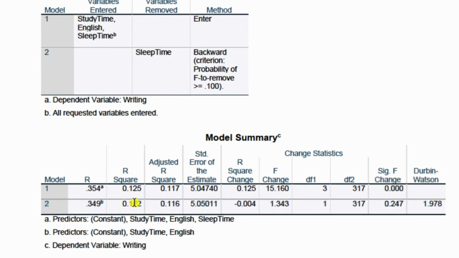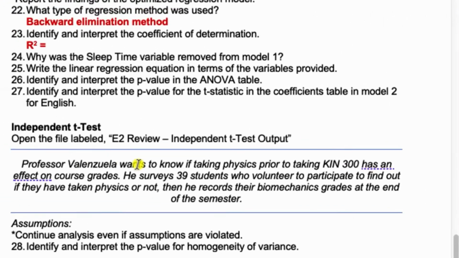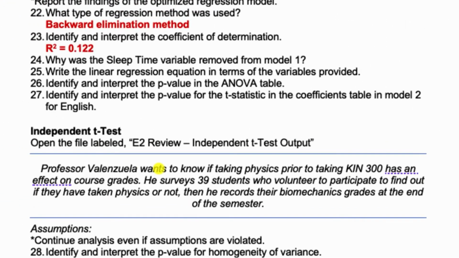So model 2 has an r squared of 0.122. If we multiply this by 100, we can end up interpreting that the predictors, and then we list the variables that were included in the model.